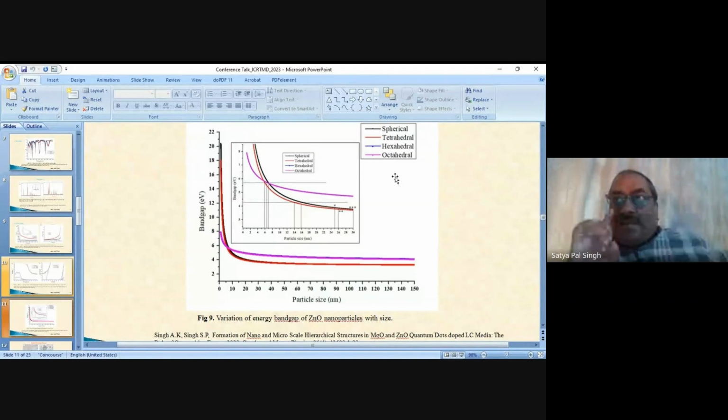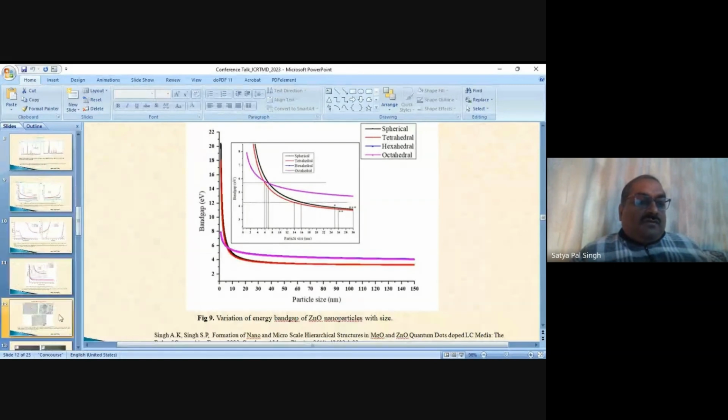The spherical particle which we are showing here with the size and band gap is the spherical aggregate. It may be tetrahedral. So we see that the spherical type of aggregate is confirmed. It is not easy to confirm that kind of aggregation with the help of any imaging tool. So we have used this predictive model for the first time. We have done it.